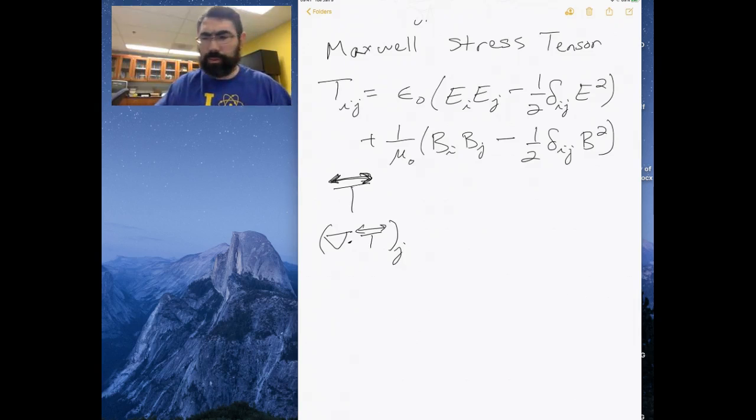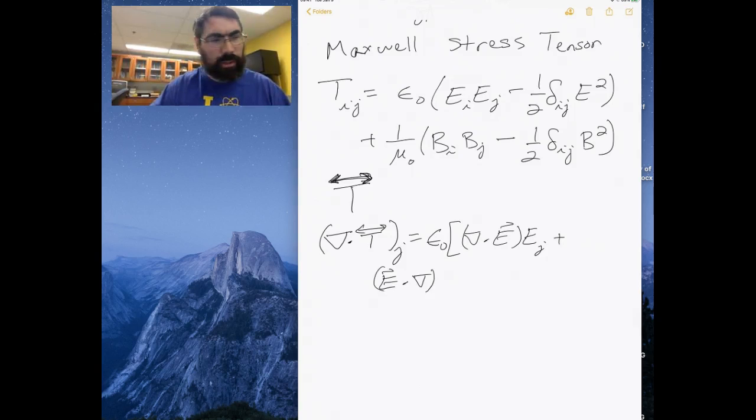But if I did this, writing this out in Gibbs notation, then I would get epsilon naught, the divergence of E, times the EJ component, plus E times the del times the EJ component.